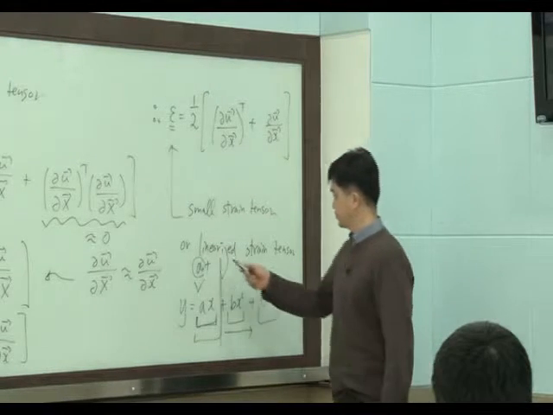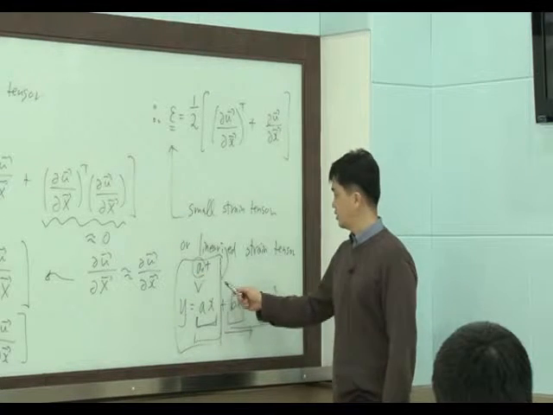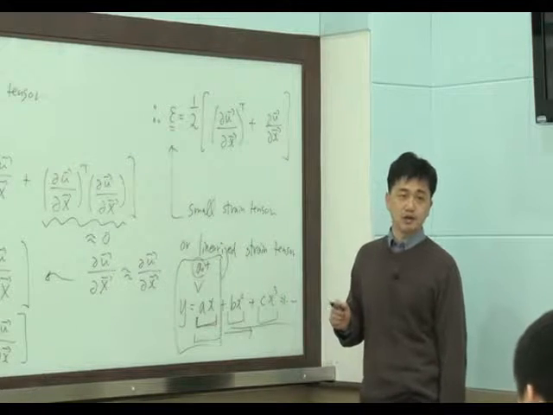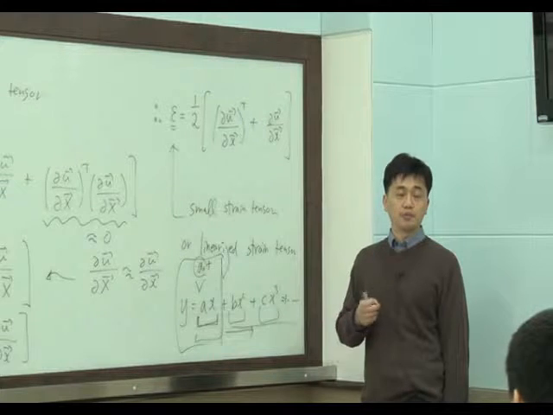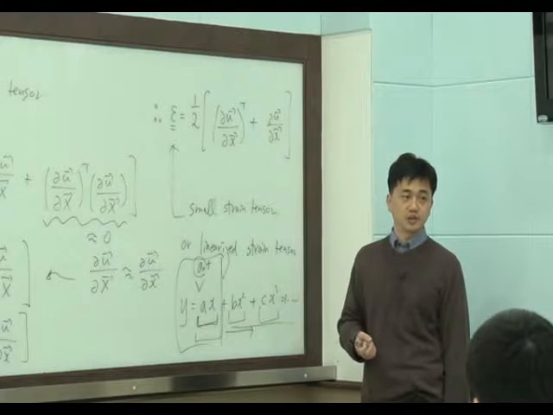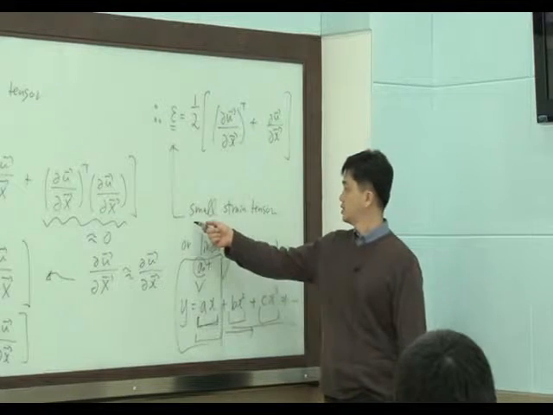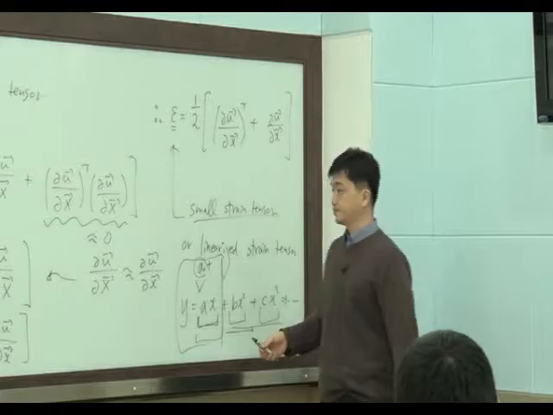So once we linearize the Green-Lagrange strain, or once we apply the assumption for small deformation, we can get the small strain tensor. Okay?